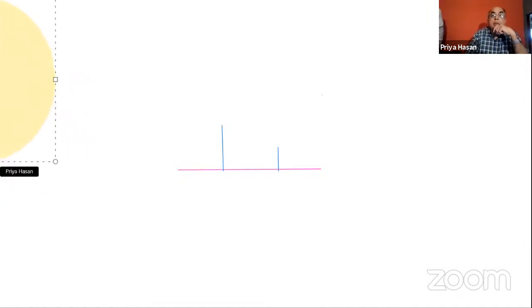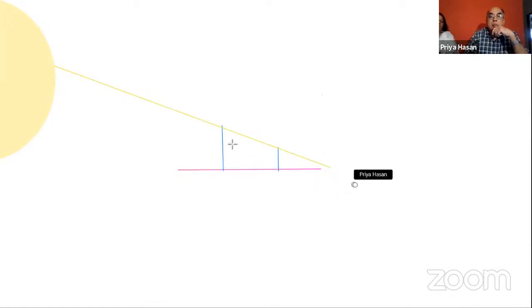So the light of the sun, it makes a shadow of the object.